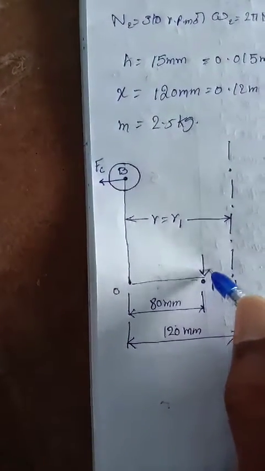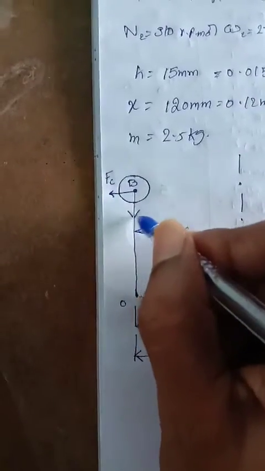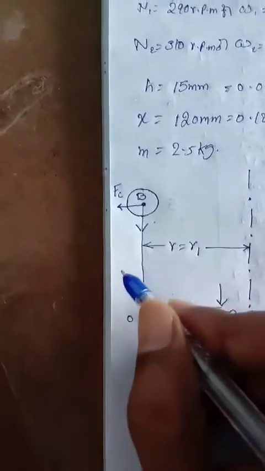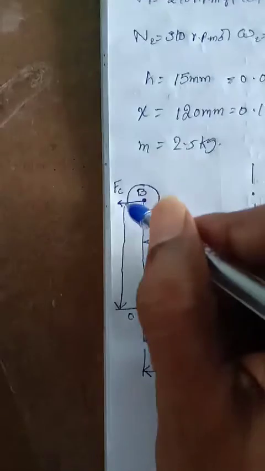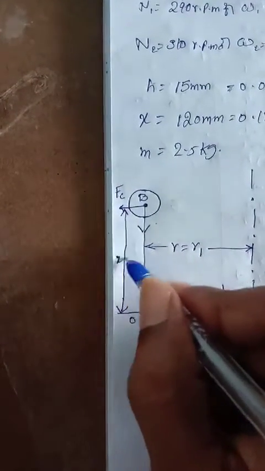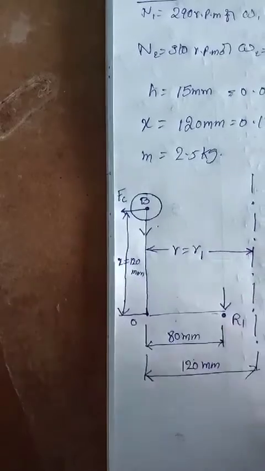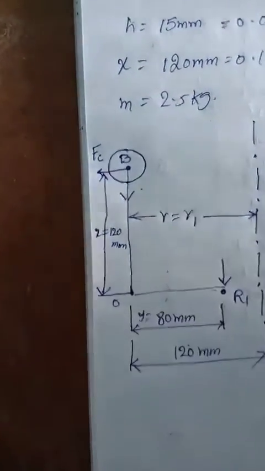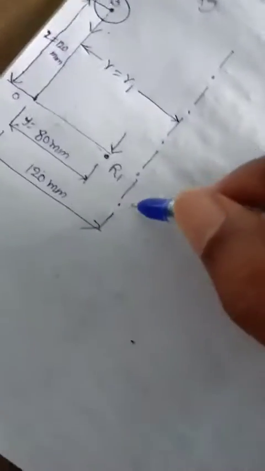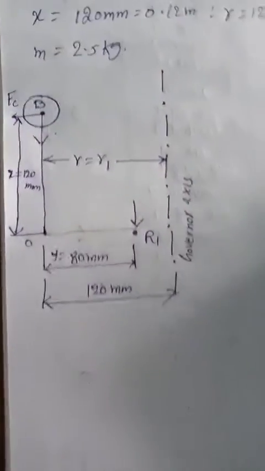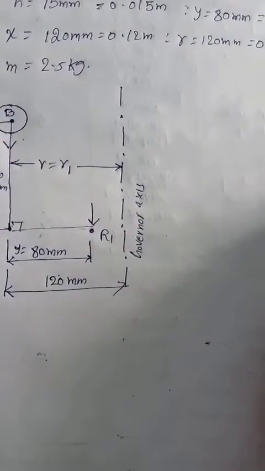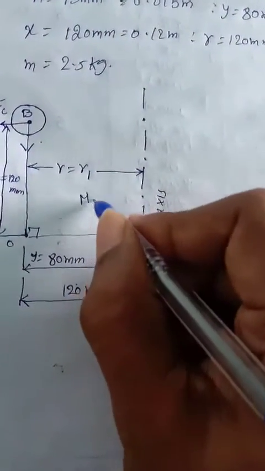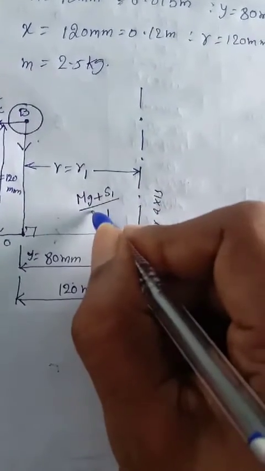So here one force is acting and here one force is acting. This is mg, and from here to here is x, equal to 120 mm. This is y. This is the governor axis, the angle is coming like this. And this is mg plus S1 divided by 2.